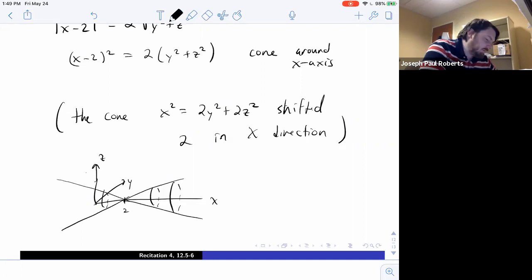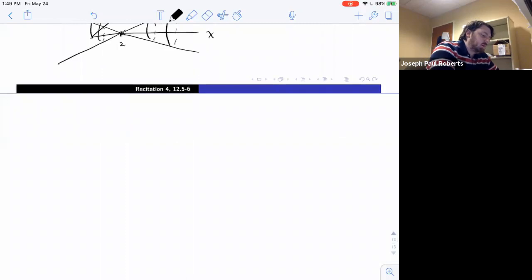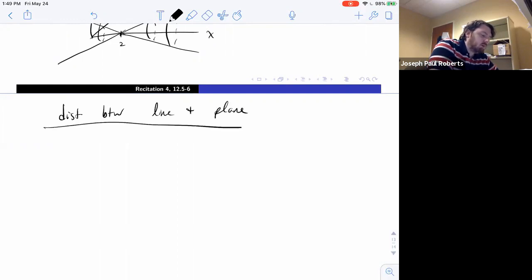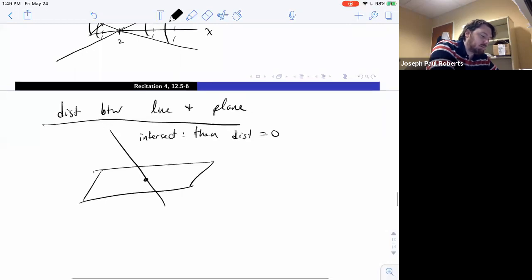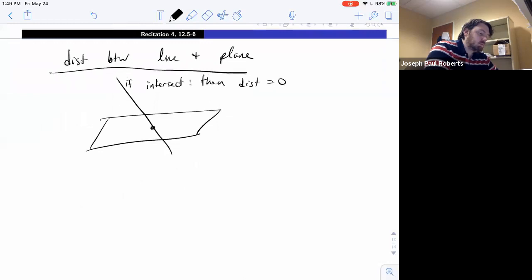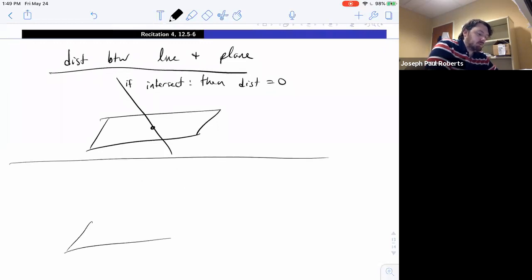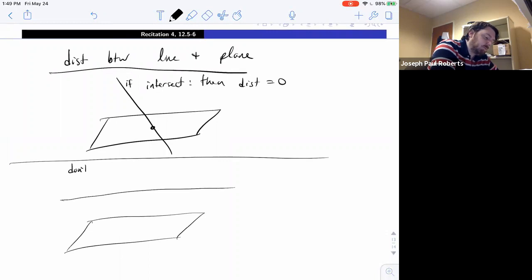And then I realized that in my examples, I didn't do the distance between a line and a plane. Well, if they intersect, then the distance is 0, of course. So the only time you'd have a non-zero answer is if they don't intersect.